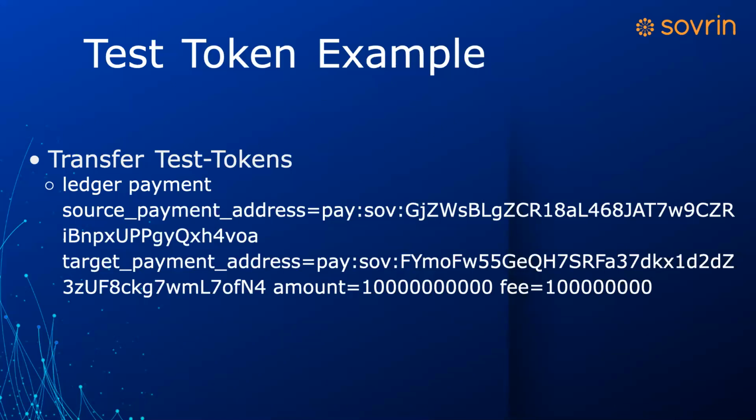The amount in fees and all the change has to sum up to the total of the input sources. And then after that, you have to have all those fields signed with the private key of the sources. So you would have to get someone's source address on the ledger and get them to sign.